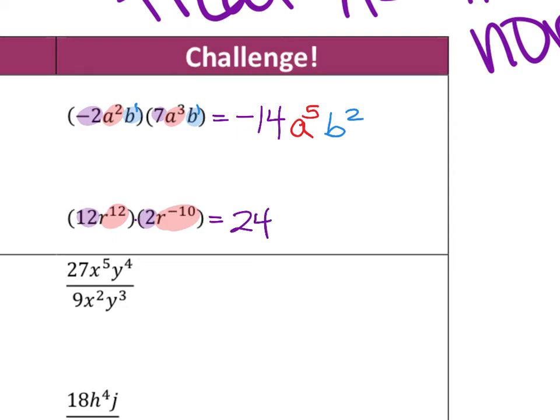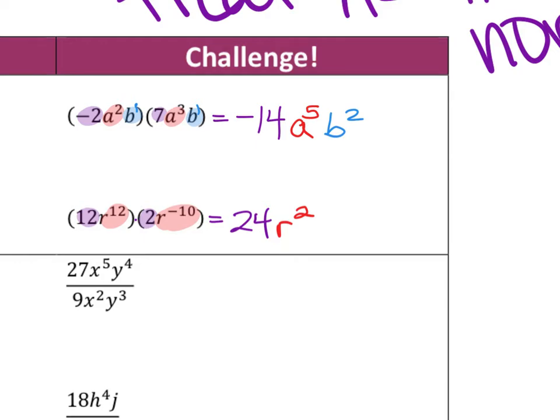And then when we multiply the R values together, this is going to be R to the 12th times R to the -10th. So I add those things together. 12 plus -10 is 2. 24R squared is the simplification of that expression. So the rules stay the same for big numbers, and they do the exponent rules for the exponents.